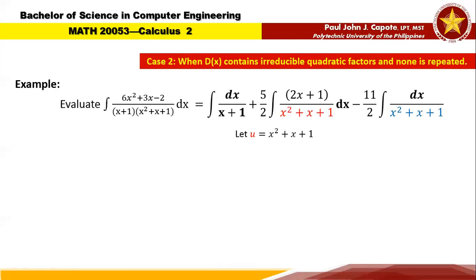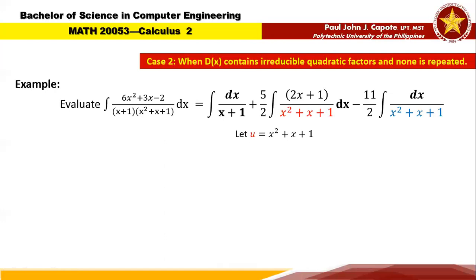And then when you differentiate this u with respect to, say in this case, x, if that derivative of u with respect to x is present in the remaining quantities or expression of the integrand, then U substitution is helpful.